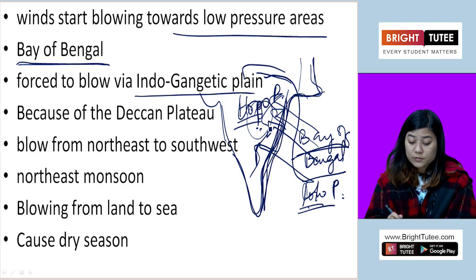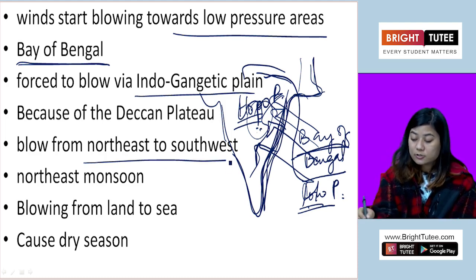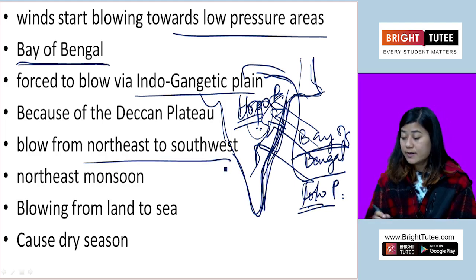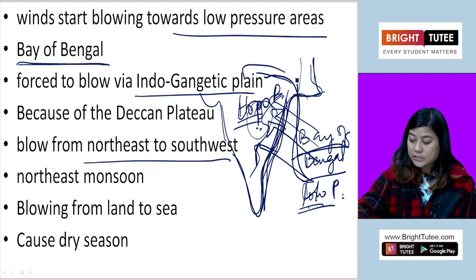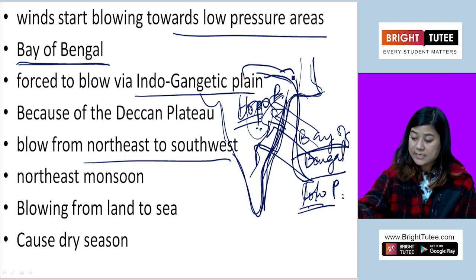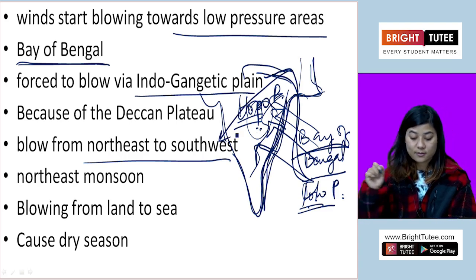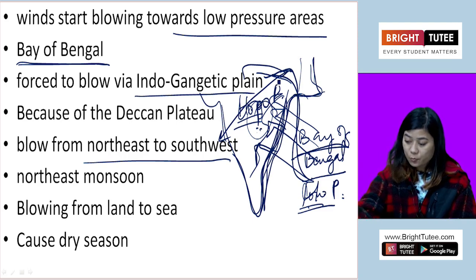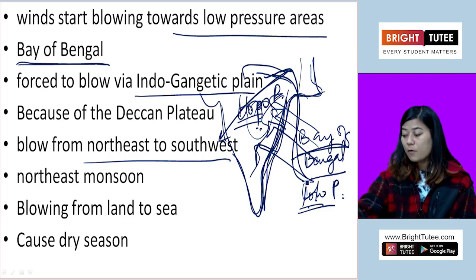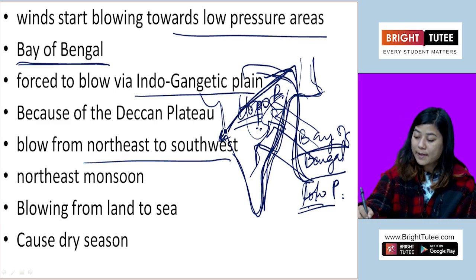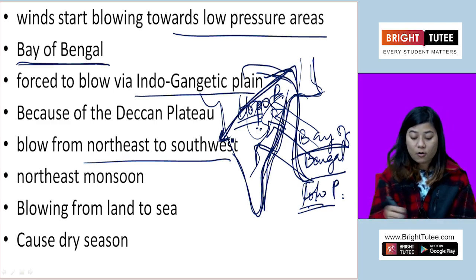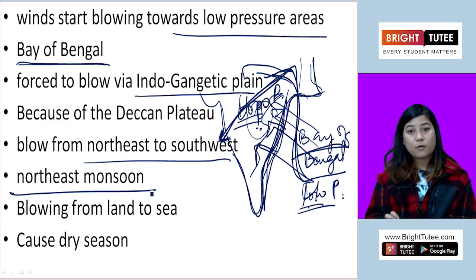And then it blows from northeast to southwest direction. So from here it goes to the northeast, and from the northeast it flows towards the southwest, okay. And this wind which flows from the Bay of Bengal to the northeast and then comes back to the southwest is called the northeast monsoon.